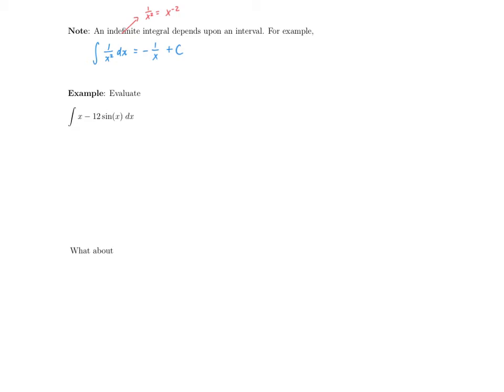And if you have any doubts in terms of this formula, you can quickly double check. The derivative of minus 1 over x is the derivative of minus x to the minus 1. The minus comes down front, making it a plus. The new power of x is minus 2. But note, if you look at either of these functions, minus 1 over x or 1 over x squared, they are not defined at 0.